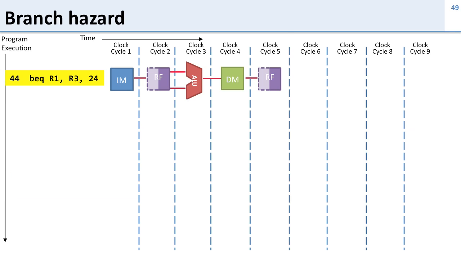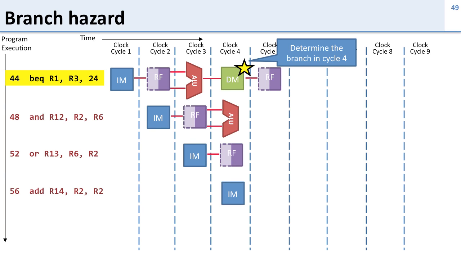So let's take a look at that branch hazard. Here's our program with our branch, and it's at this point that we determine if we're going to do the branch. And if you look at what happens before that point, we go ahead and start executing 3 more instructions. And which instructions are these? Well, we just do the standard PC plus 4 and go on to the next instructions. It's only at this point that we can forward the data if we want and figure out which instruction we're going to do.